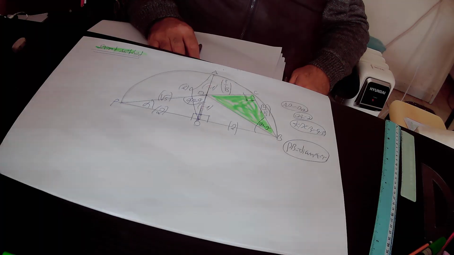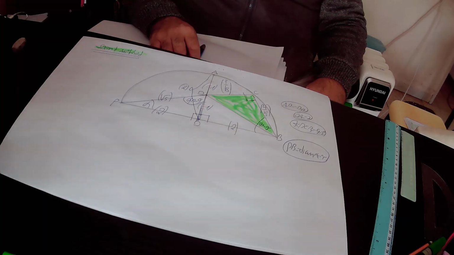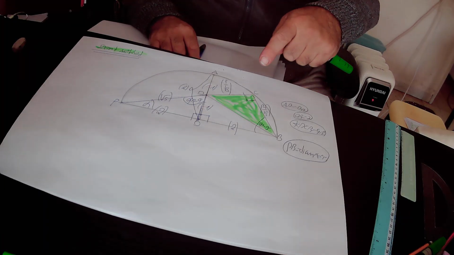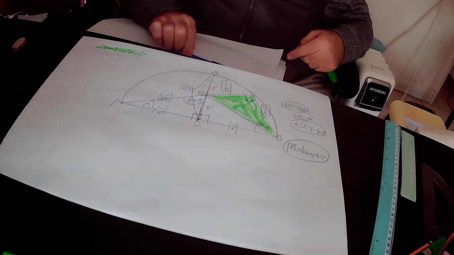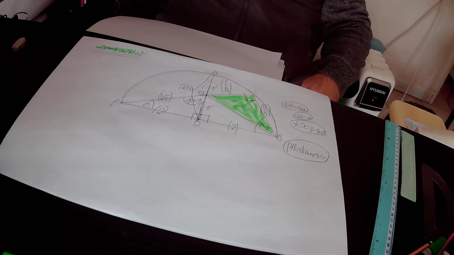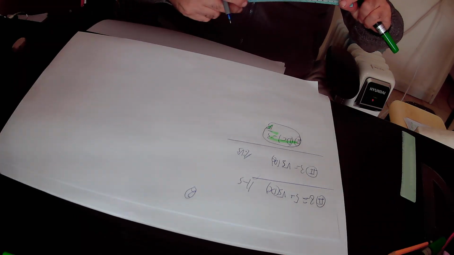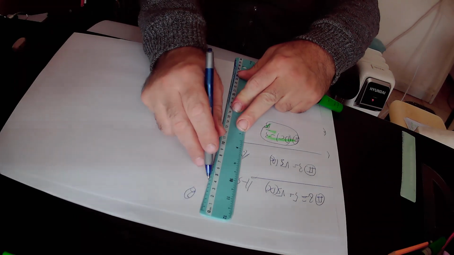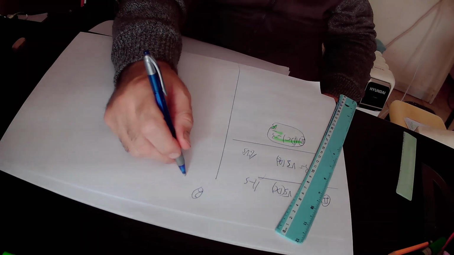Now it is very easy to find out the area of this green shape. That's the area that we are looking for in this question. The area of the green shape is actually the area of this green right triangle DCB. From the drawing it is very easy to see that.